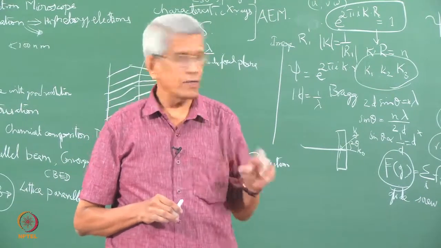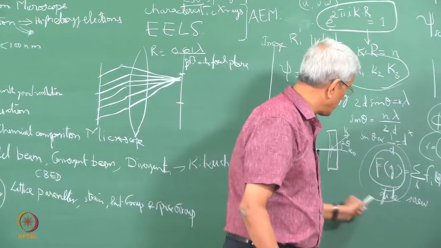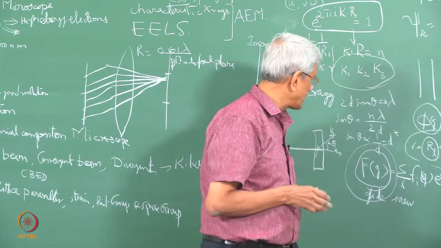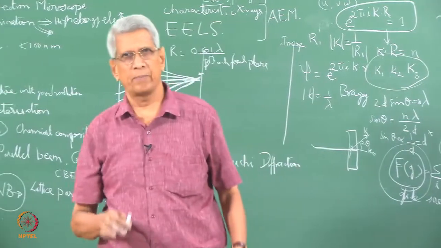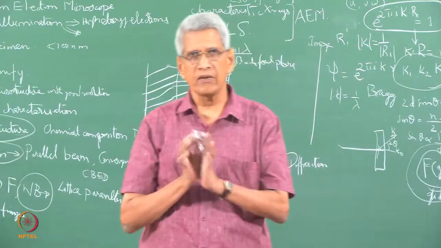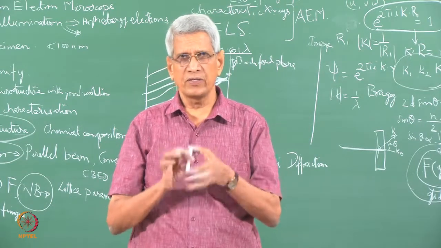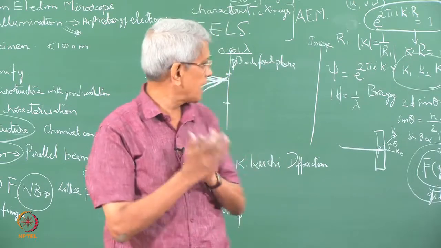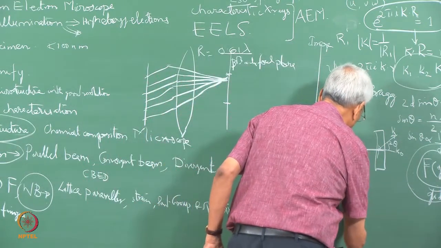But what is important is that this structure factor which we have written, one basic assumption on which this entire derivation has been done is that as the beam passes through the sample, only one scattering event takes place. Okay. When we consider only one scattering event, we call it the kinematical theory of diffraction, or kinematical diffraction.